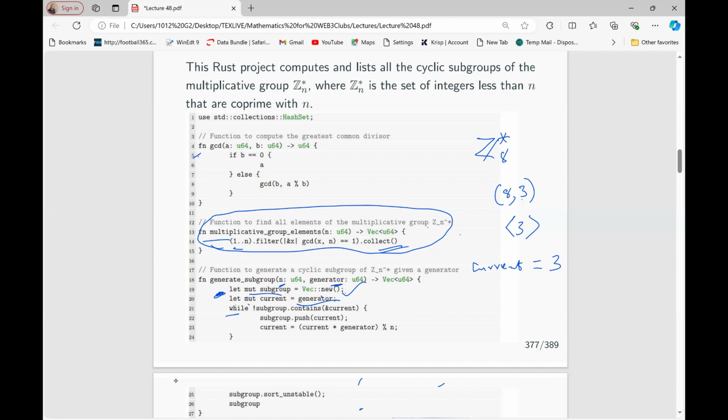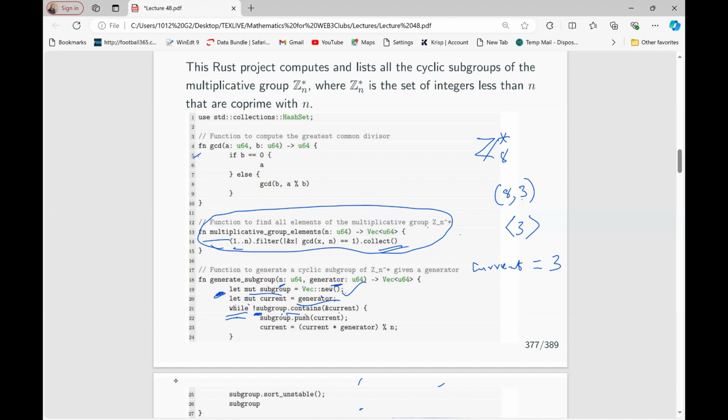There's a loop. And the loop says, while the subgroup does not contain the current, then you enter inside. You're seeing what I'm reading, is that okay?